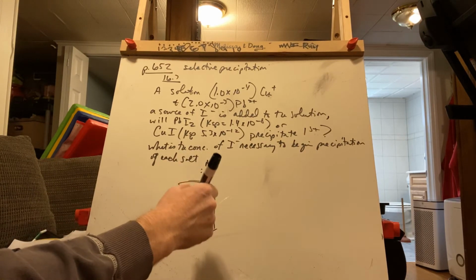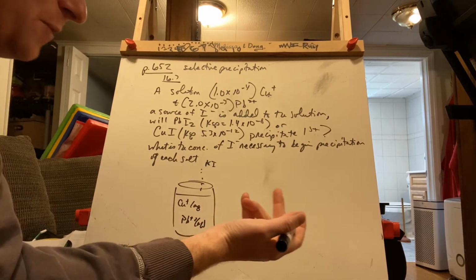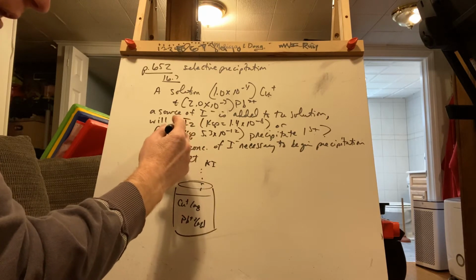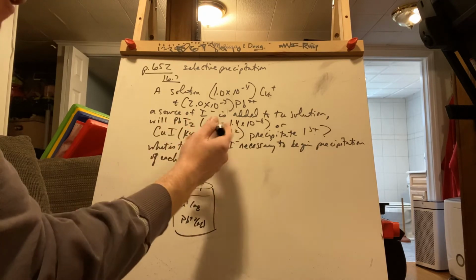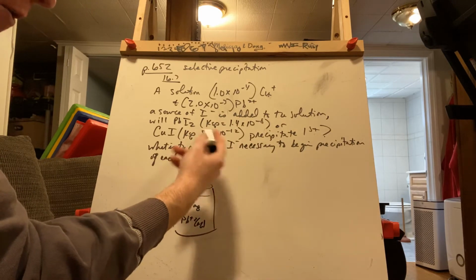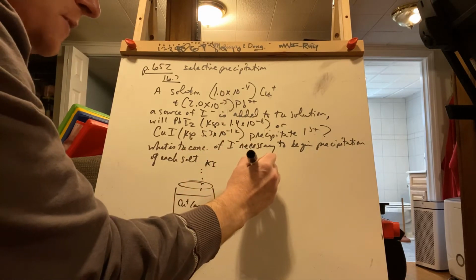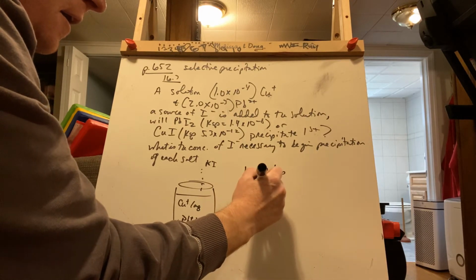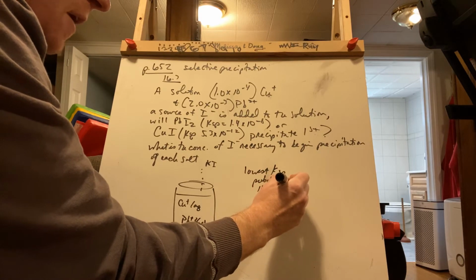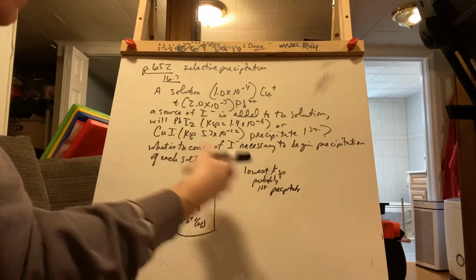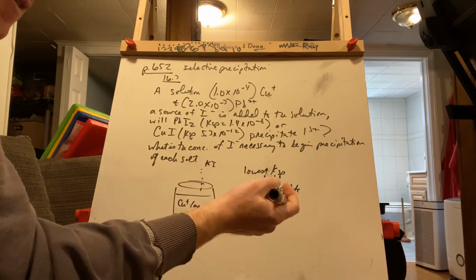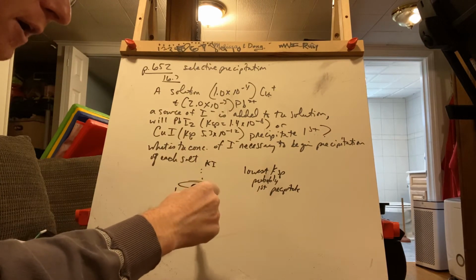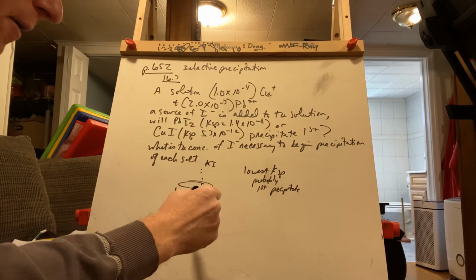Sometimes on a multiple choice question, if these had the same general formula, like PbI and CuI, and they gave you the different KSPs, you would just pick your lowest KSP. The lowest KSP is probably going to precipitate first. We don't know that exactly, but wouldn't it make sense? If you have a really low number, that means the smallest bit of I is going to make this precipitation occur, and then all this CuI is going to start falling to the bottom.